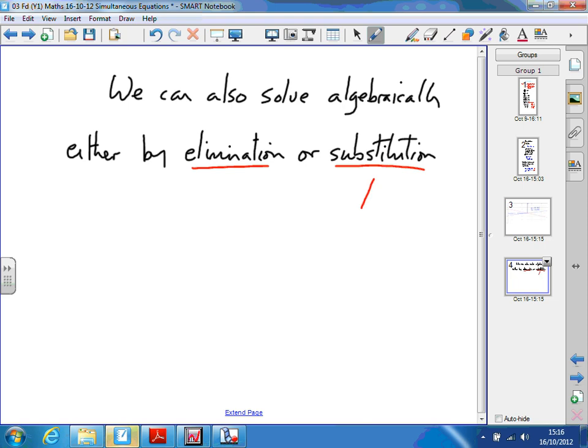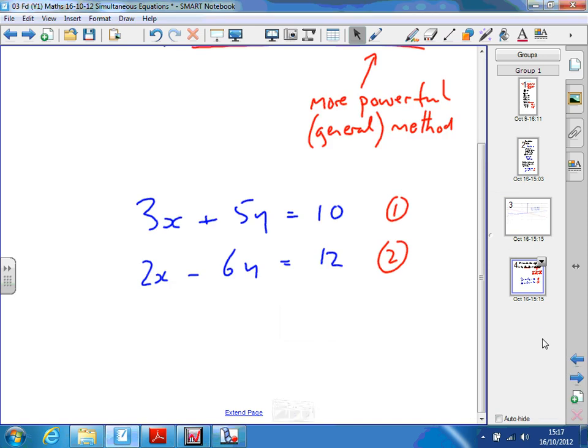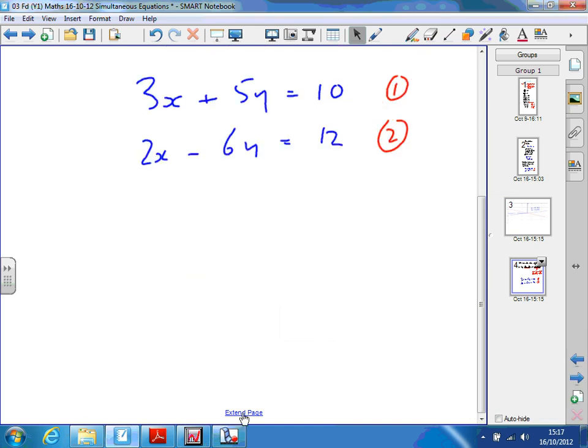This is the more general, the more powerful method. So let's try and solve these using these two techniques. First of all, by elimination. So solving by elimination.